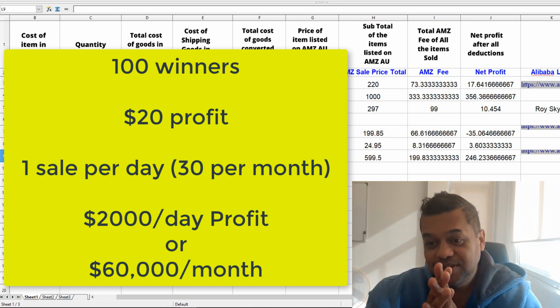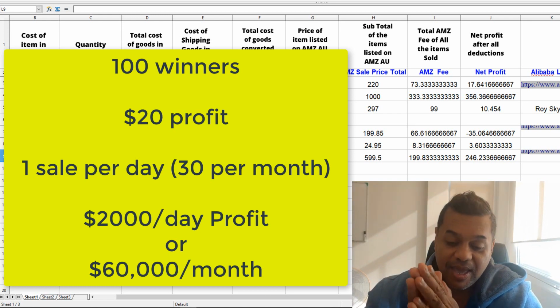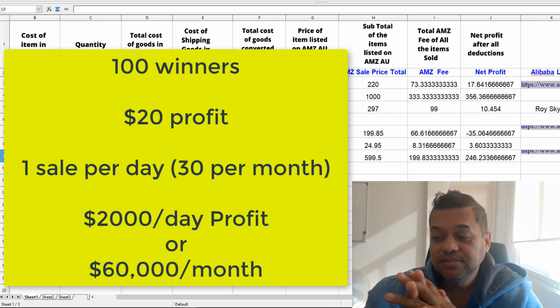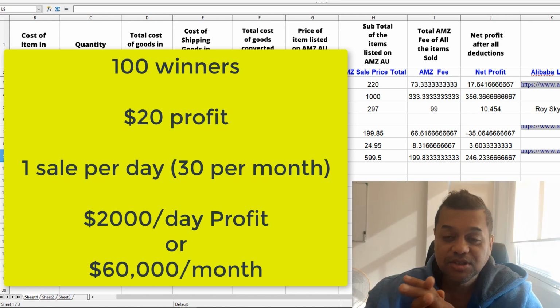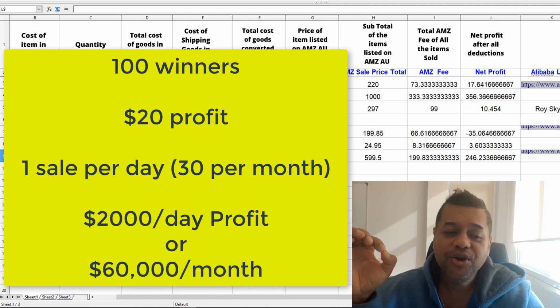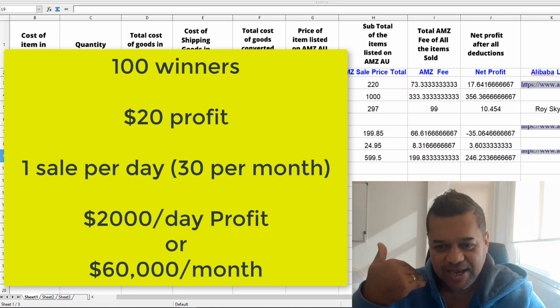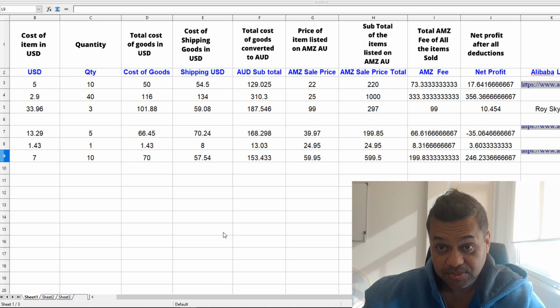That means you're going to make $20 profit per product times 100. That's $2,000 a day, times 30. That's $60,000 Australian dollars a month, by just having 100 winning products. Now, I've already found 2. This process is going to take a long time to do, but it's possible, right?